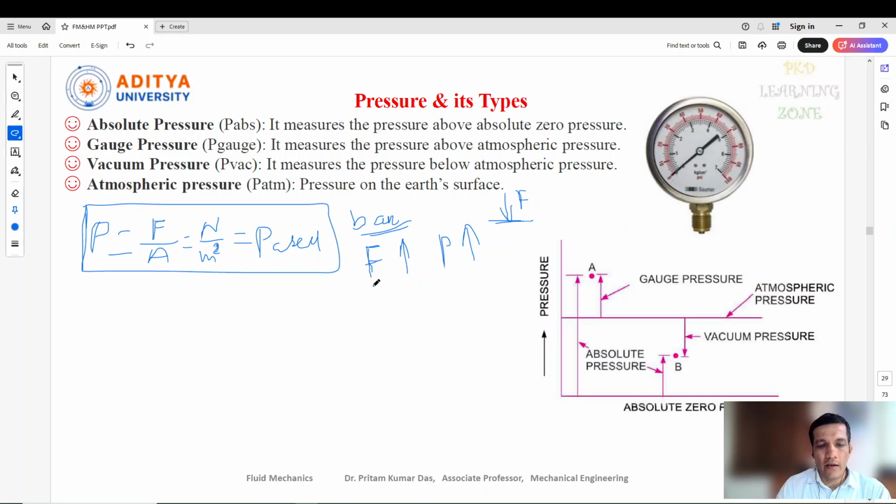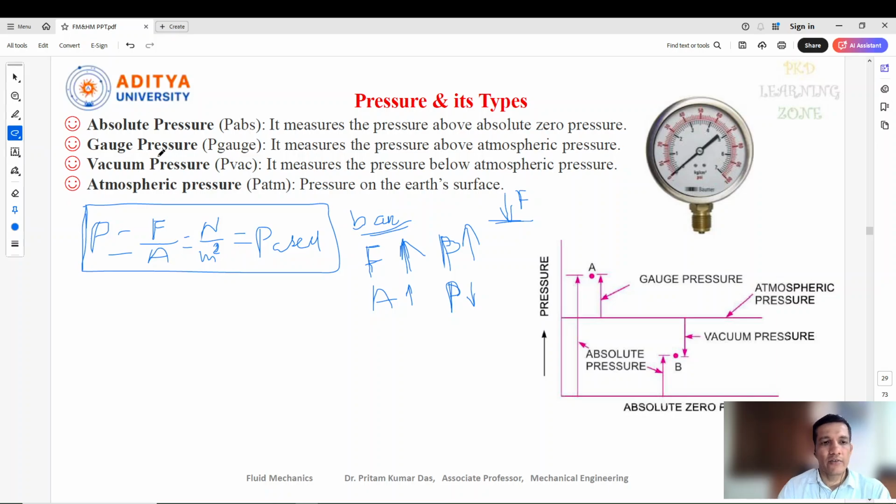But if the area increases and the force is constant, your pressure is going to reduce. That means the area is inversely proportional to pressure, and pressure and force are directly proportional. Increase the force, pressure will increase. So this is the pressure definition, its formula and units.